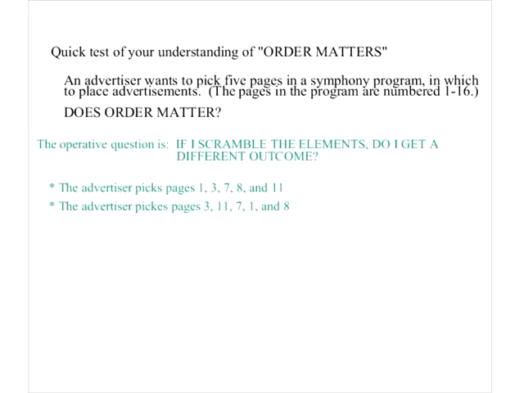These are exactly the same outcome, because notice we haven't specified different ads to go on these different pages. We just said we had to pick 5 pages. So these are the same outcome. Everybody give me a smiley face if that makes sense to you, and the non-smiley face if this is confounding to you.